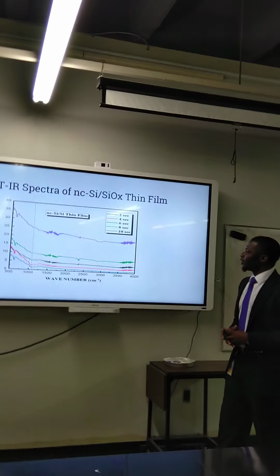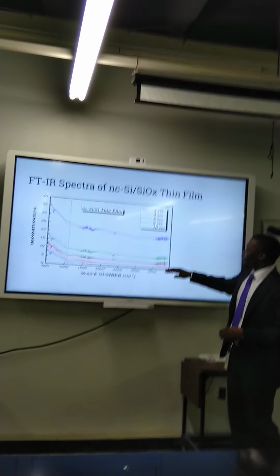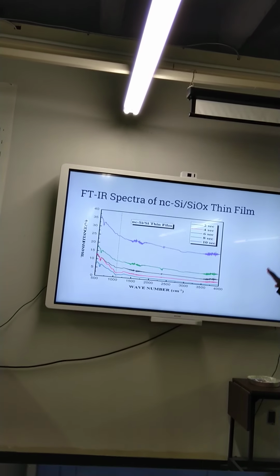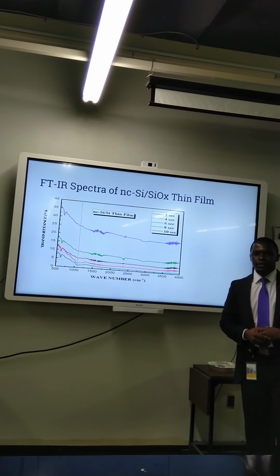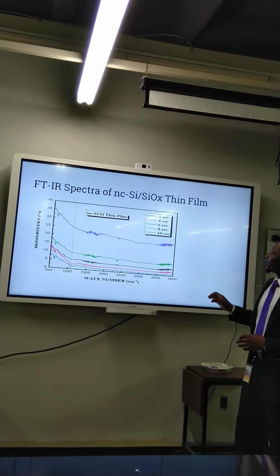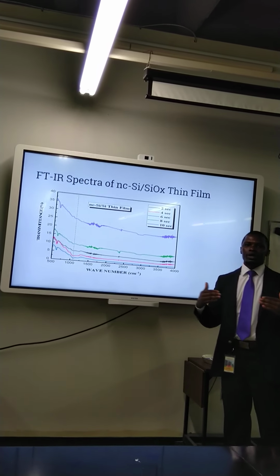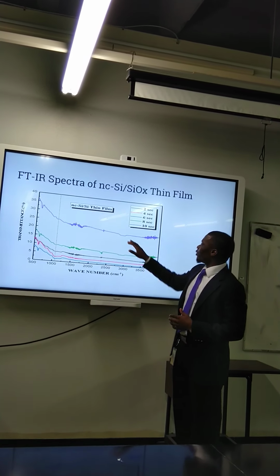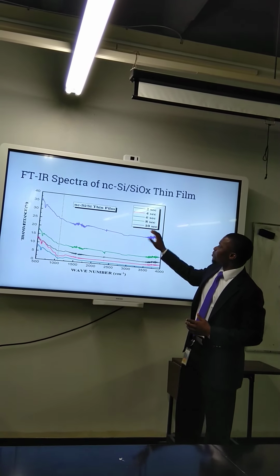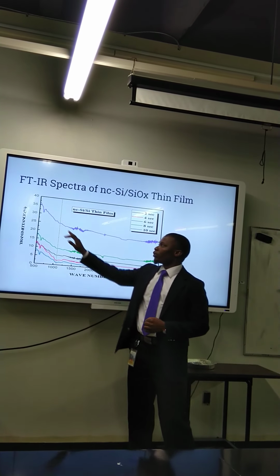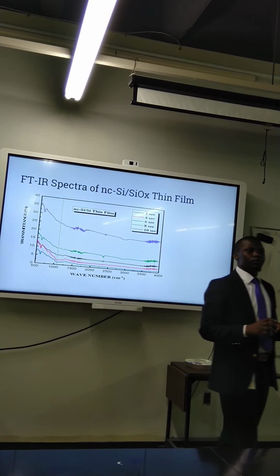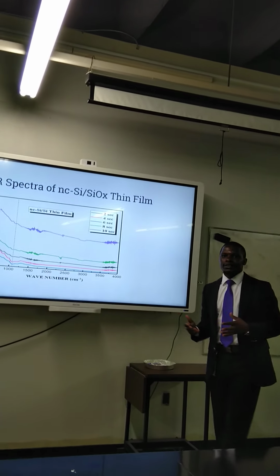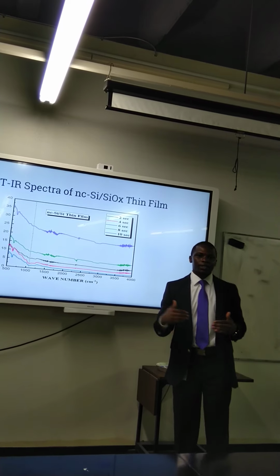We have these films from 2 seconds all the way up to 10 seconds. And we can see how much light was going through the film. For example, the one that we spin coated for 10 seconds, it was found that 35% of the light was passing through the film. So out of the 100% of light, 35% passed through the film.